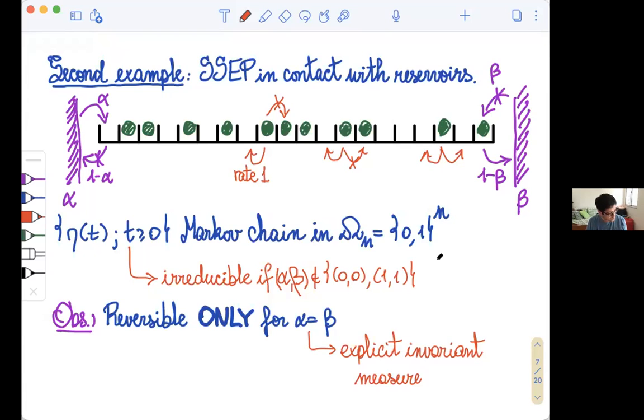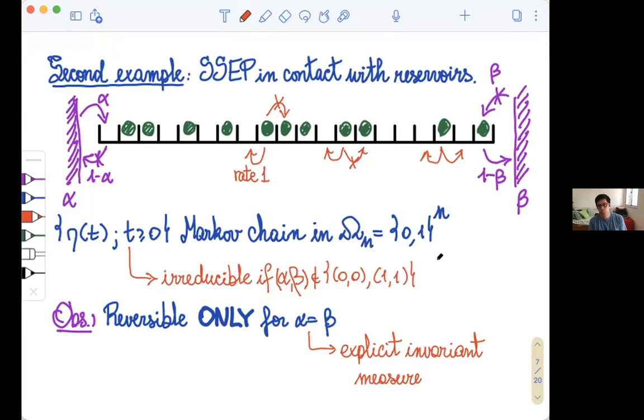So if you use a variation of what is called the Bethe ansatz, you can actually compute the k-point correlation functions of this invariant measure.